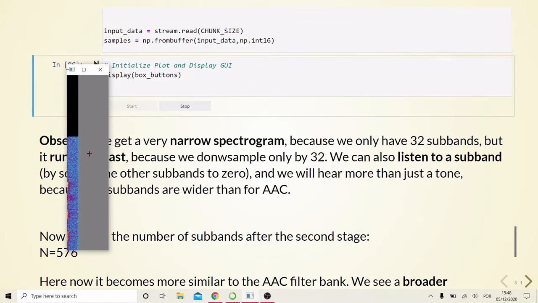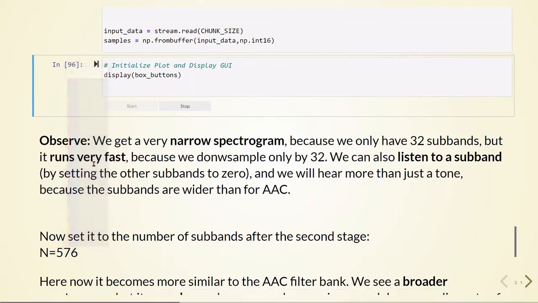Here you can see it's a very narrow spectrogram, and we cannot hear anything, but we can visualize, and we see that it's quite fast because we downsample only by 32. You can do some modifications in the code, so you can listen to a specific subband by setting the other subbands to 0, and then you will hear something more than just a tone, because the subbands are wider than for the HeAAC, for example.